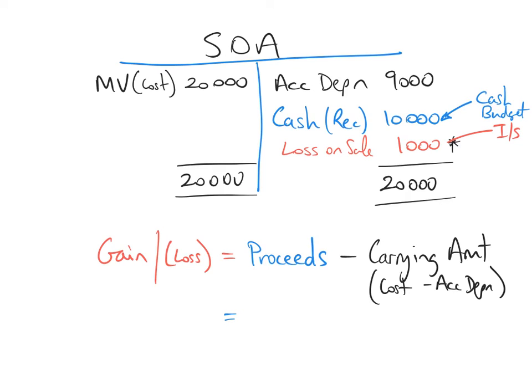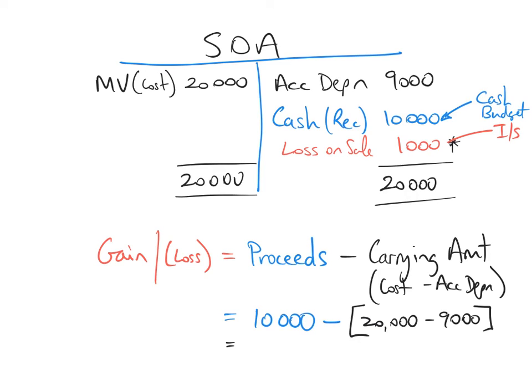We could have said, okay, well, the proceeds were $10,000 minus the carrying amount. So the carrying amount, as we saw, was the $20,000 minus the $9,000. So the carrying amount, if you like, was $11,000. And so if you work that out, it's the 10 minus the 11.